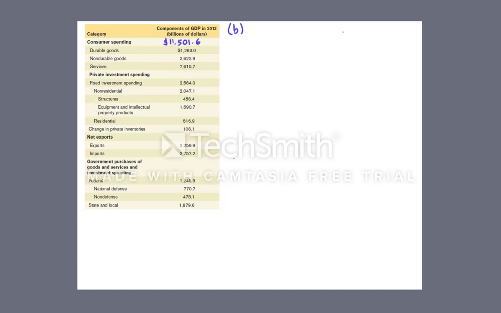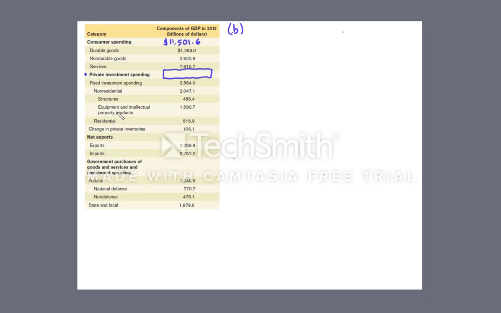And in Part B, we are asked to calculate private investment spending. So this number right here. And we can see that the way that this accounting sheet works is that private investment spending is made up of subcomponents. These subcomponents sum together to add up to a component that's above and to the left of them.